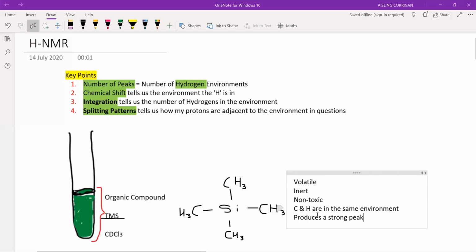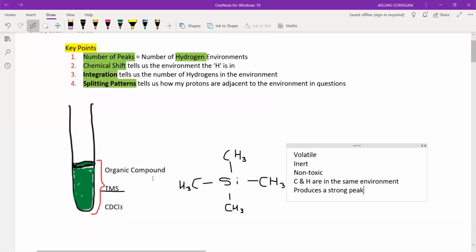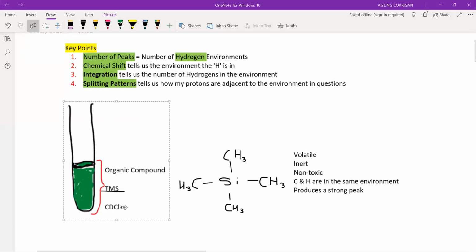So do remember that. Talking a little bit more about the solvents. CDCl3, it's exactly the same as for CNMR, but there's a few questions surrounding this. They'll ask you, why is this used? And why not something else like CHCl3? They can also ask you other compounds that are used as a solvent in NMR.